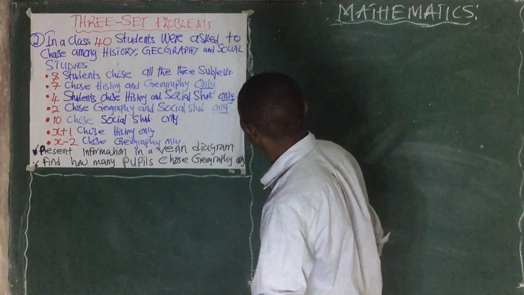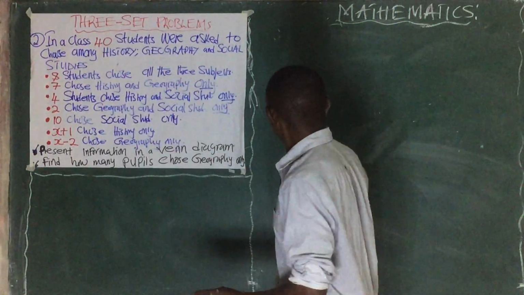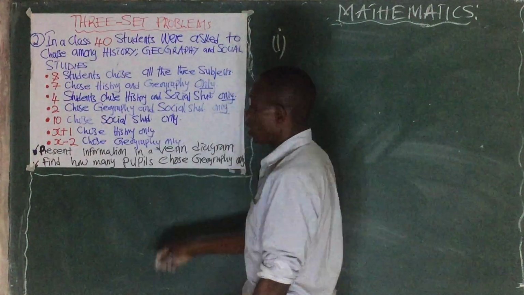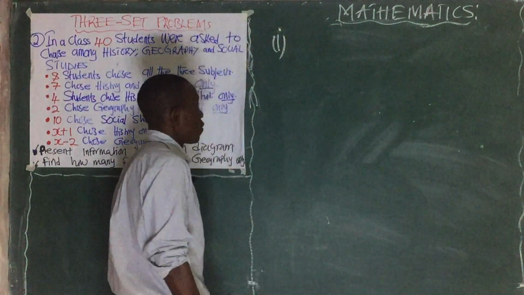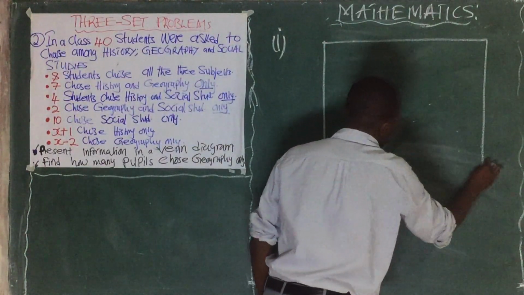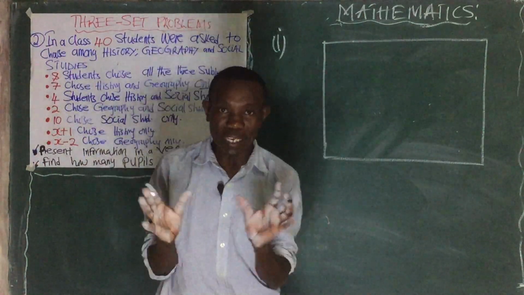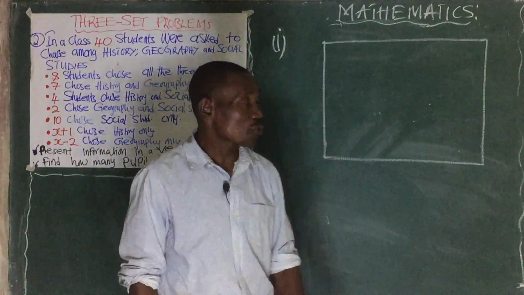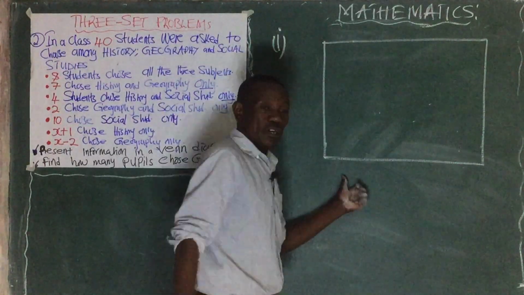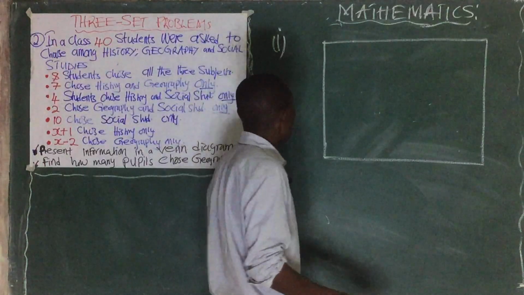Right, now here we go. By the first problem, how we introduce ourselves into the Venn diagram, it remains as such, where we see ourselves drawing the rectangular figure, which looks more like this. This is now the universal, main set. So here you see this rectangular shape signifying the number of students in that class, universal.